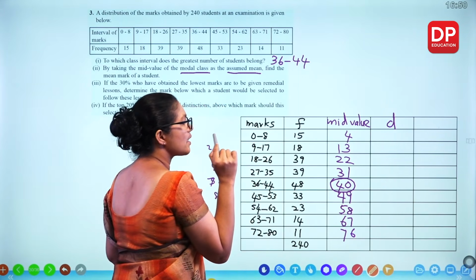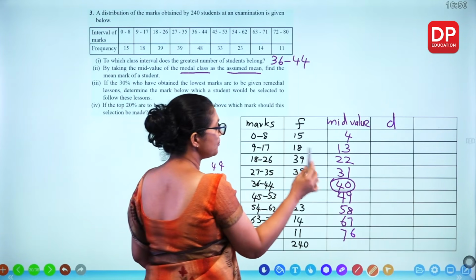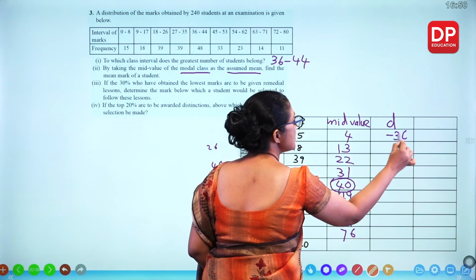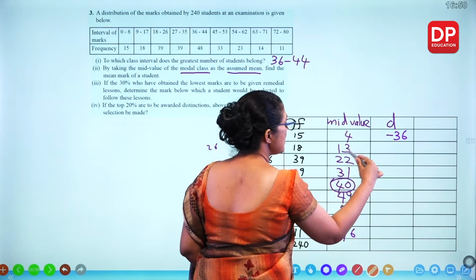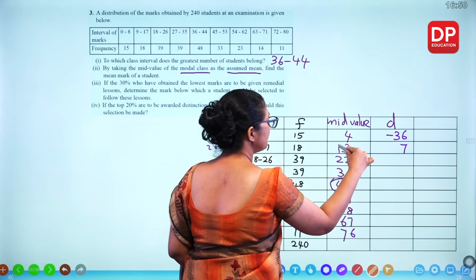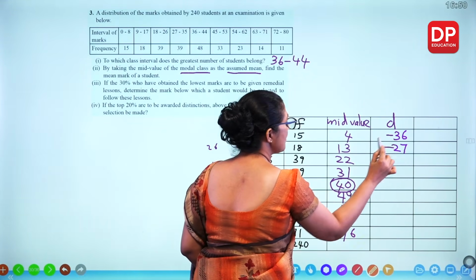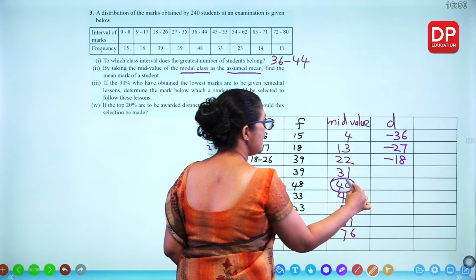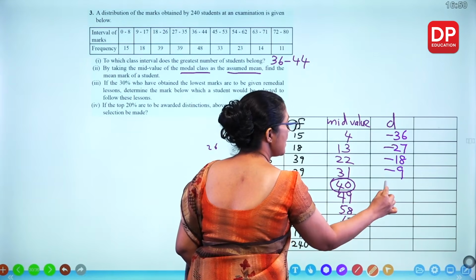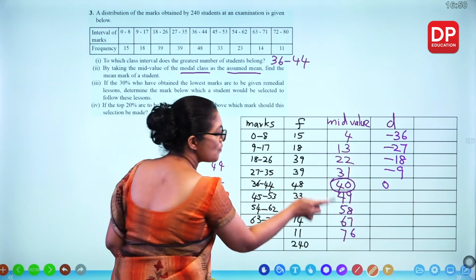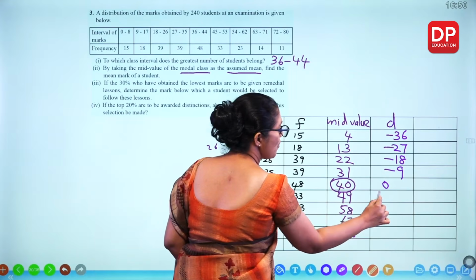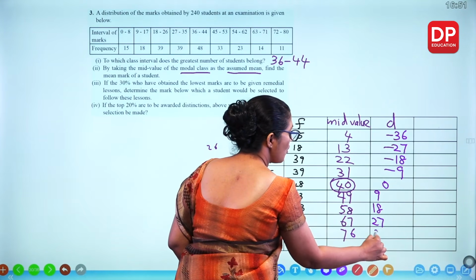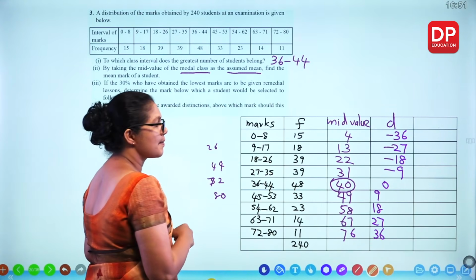Deviation is the difference between these two: 40 and 4, minus 36. 40 and 13, the difference is 27. 22, minus 18, and here minus 9, this becomes 0. This way you get positive 9, 18, 27 and 36.